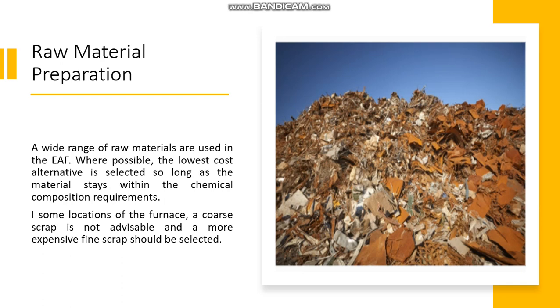For the raw material preparation, a wide range of raw materials are used in the EAF. Where possible, the lowest cost alternative is selected, so long as the material stays within the chemical composition requirements. In some locations of the furnace, a coarse scrap is not suitable, and the more expensive fine scrap should be selected.